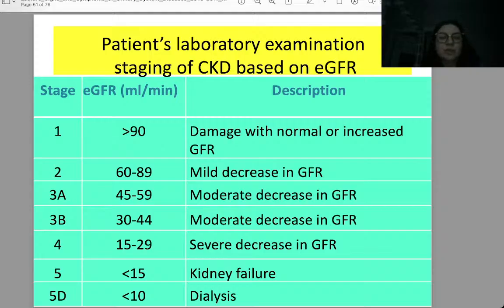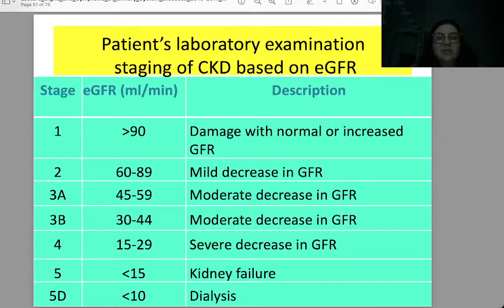Stage 3 is a moderate decrease of GFR. It is subdivided into two substages, 3A and 3B. 3A is GFR from 45 to 59, and 3B from 30 to 44. Stage 4 is a severe decrease of GFR and severe renal failure, with a level of eGFR from 15 to 29.